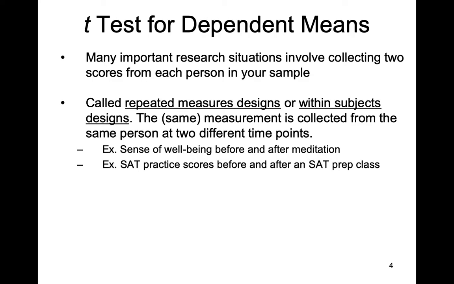For example, we might measure a person's sense of well-being before and after meditation, or we might want to measure practice scores on an SAT before and after participants take an SAT prep class. Repeated measures designs are used to assess change, improvement, or a reduction. These are very common designs in the social and behavioral sciences, and we analyze these types of designs with a t-test for dependent means.